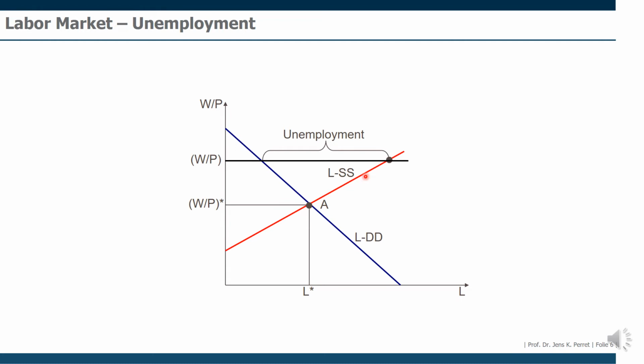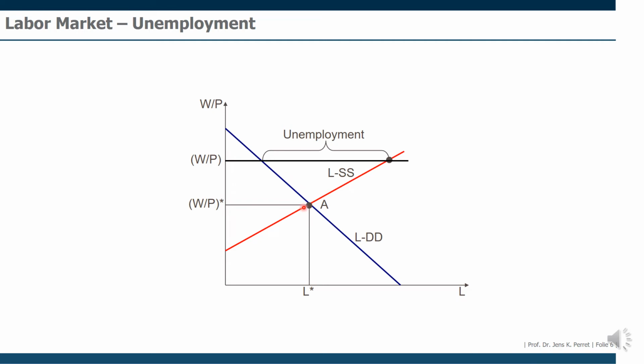However, let's consider a different question. What if the market price in the labor market, so the wages in the labor market, are larger than the equilibrium would actually dictate? Well, in this case, we would actually have a problem and we would get unemployment. And not just any type of unemployment, we would get involuntary unemployment.